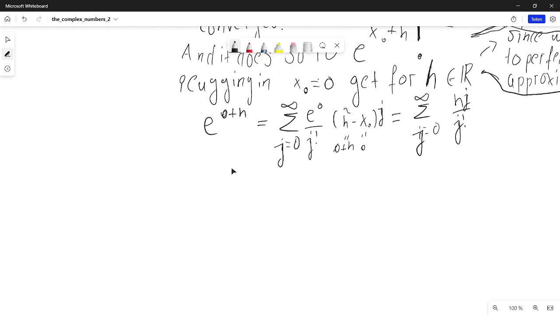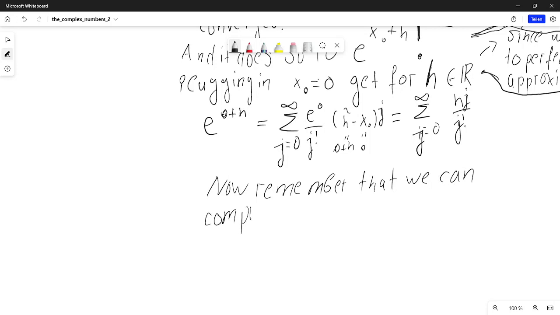Now remember that we can compute things with complex numbers just the same, right?